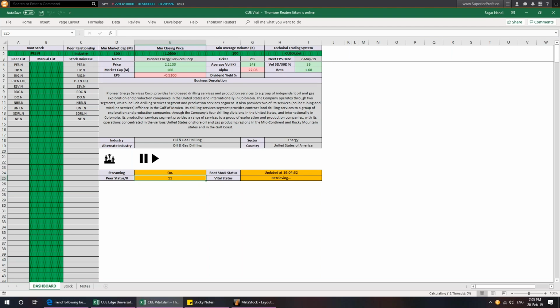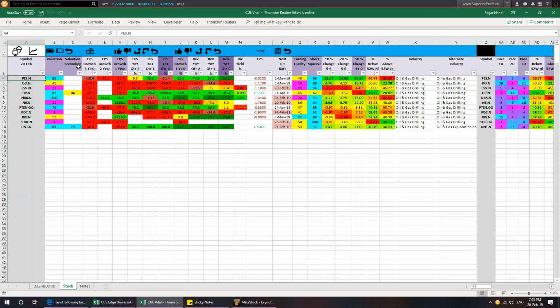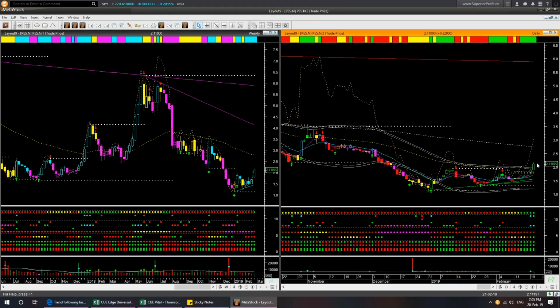It found 11 peer stocks for the same industry, calculated the vital statistics, and instantly I know it is a value stock. So we have a value stock now with a short squeeze potential that is giving me a breakout long trade setup, breakout of this watermark resistance, this white dot line, which is in a strong industry.